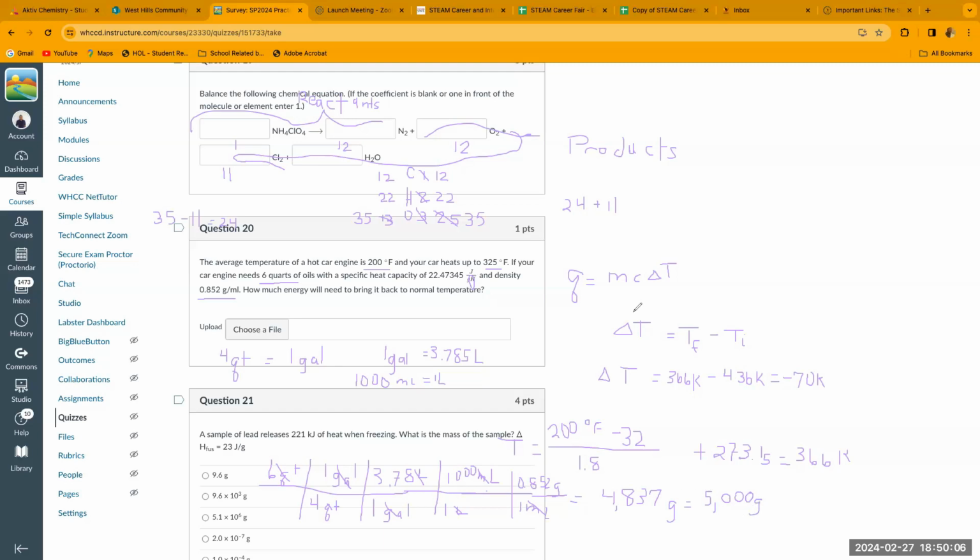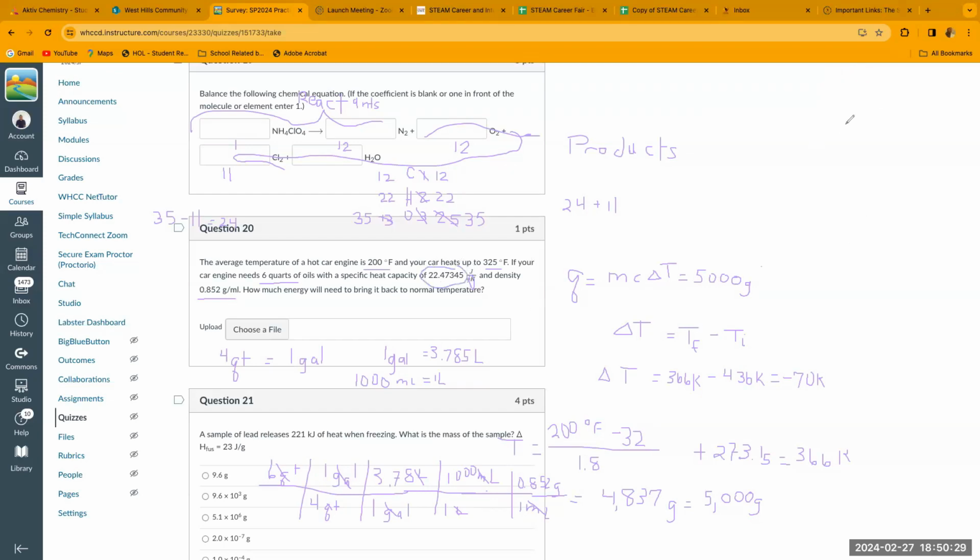Then we plug it into this equation up here. 5,000 grams, and we're multiplying it by this value right here.